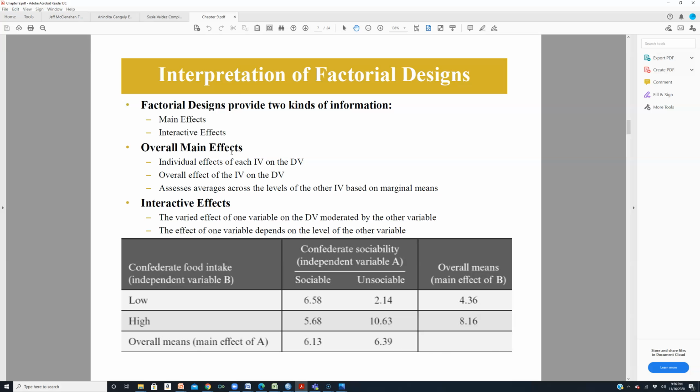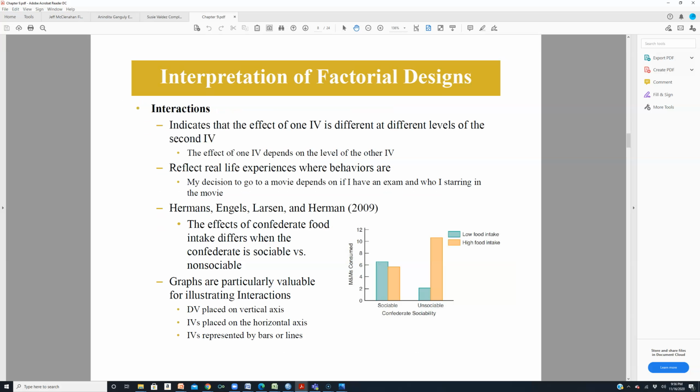So the interaction is the combined or interactive effect of the two IVs together on the DV. It's looking at how the effect of one IV varies depending upon the condition or level of the second IV. Interactions are really powerful. They give us a lot more information. They are often the focus of our research.